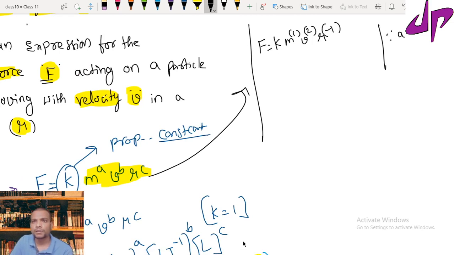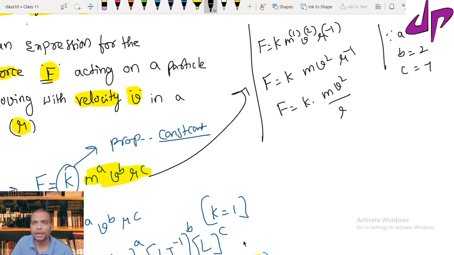Since a equals 1, b equals 2 and c equals minus 1, if we rewrite this formula, it is k times m, v becomes v square, times r power minus 1. So F equals k times m v square by r. So this is the formula of centripetal force.